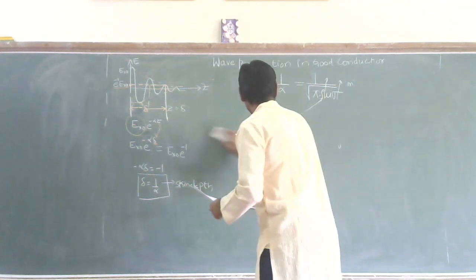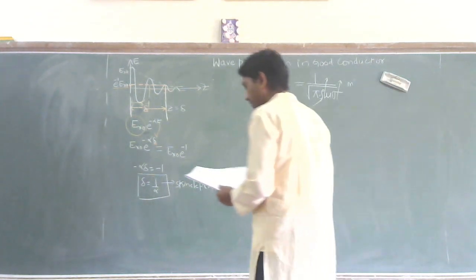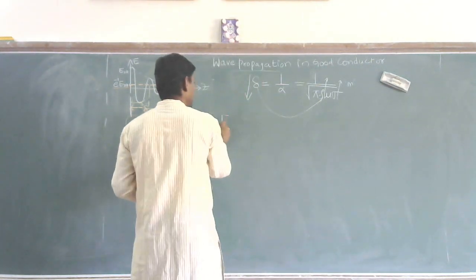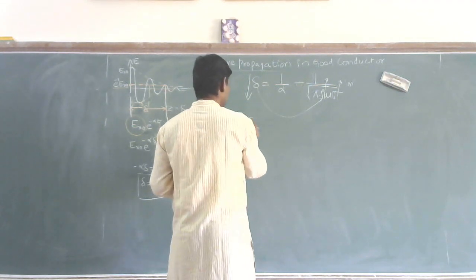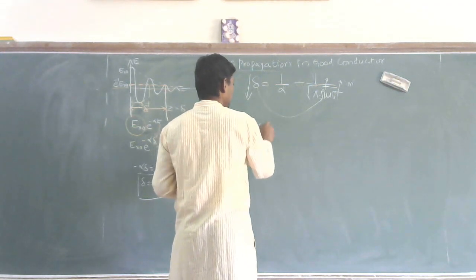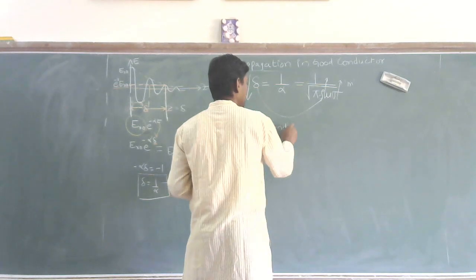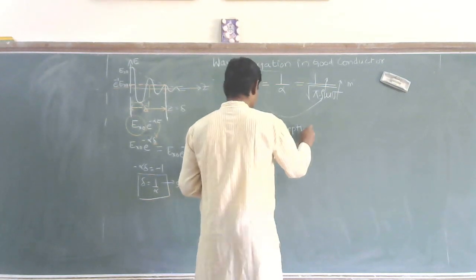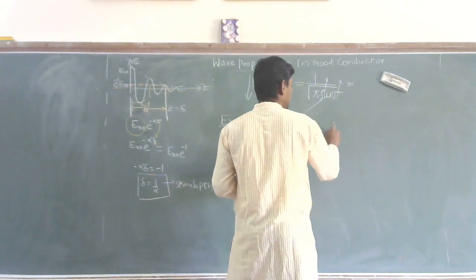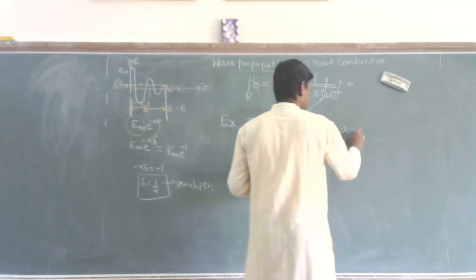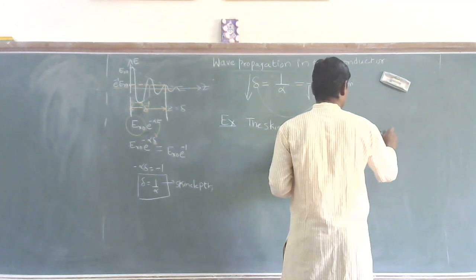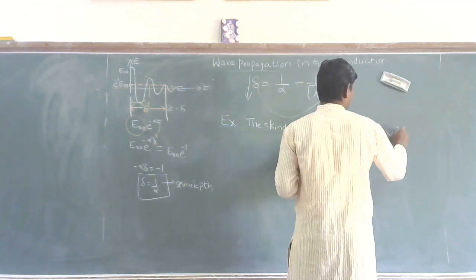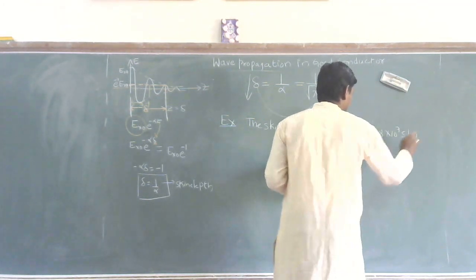We would like to study this with an example. Let us study the skin depth in copper. Copper is a very good conductor with sigma equal to 5.8 times 10 raised to 7 Siemens per meter.